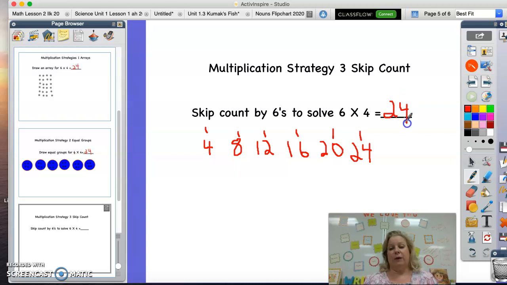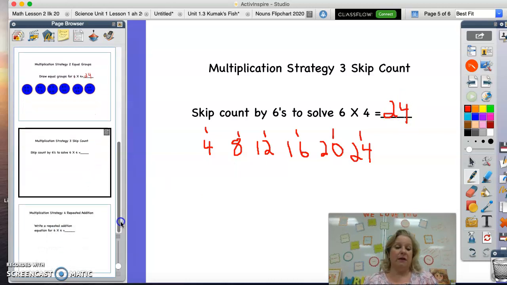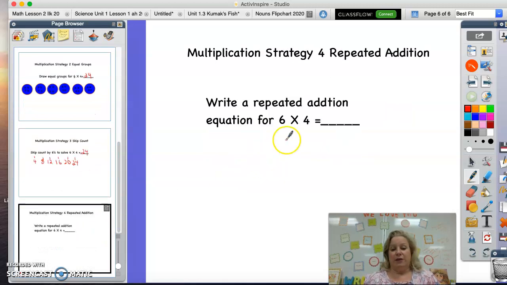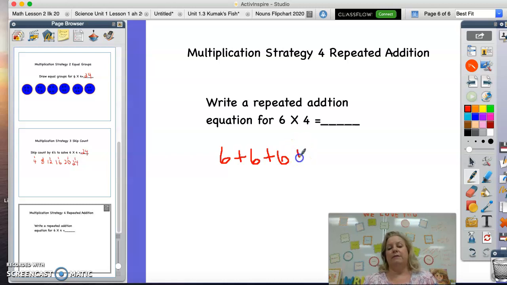And then the last way that we're learning how to multiply is through repeated addition. So here I have 6 times 4. I can come in and I can add 6 four times. 6 plus 6 plus another 6 plus another 6.